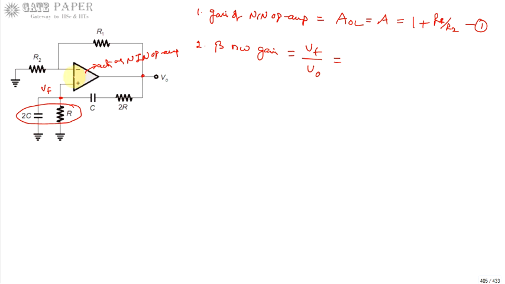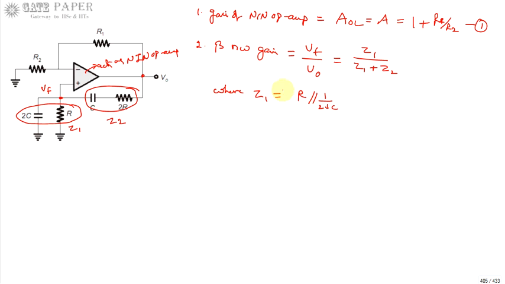So Vf divided by V0, say it as Z1 and this as Z2. So we can write it as Z1 divided by Z1 plus Z2, which is beta, where Z1 is equal to R parallel with 1 by 2SC.